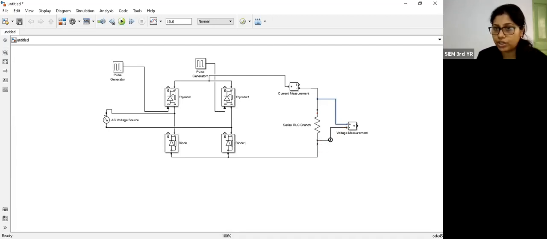Please draw the model. Okay, draw the MATLAB model, because if you want to simulate this entire circuit, you need the MATLAB model.